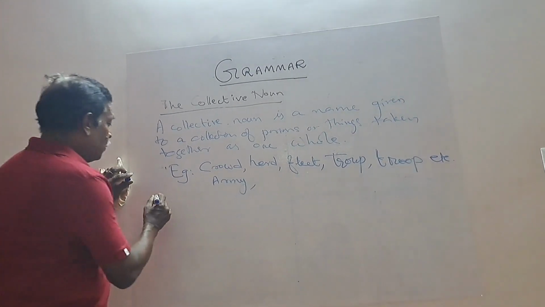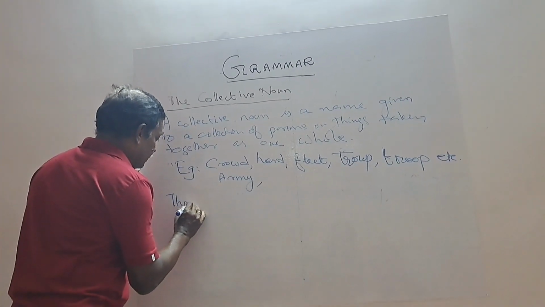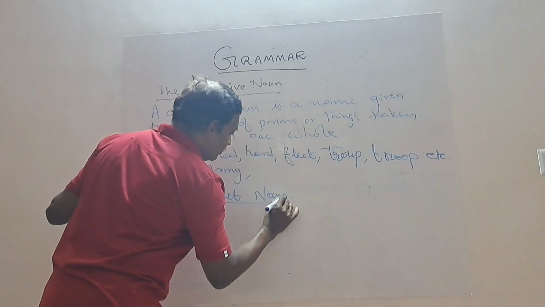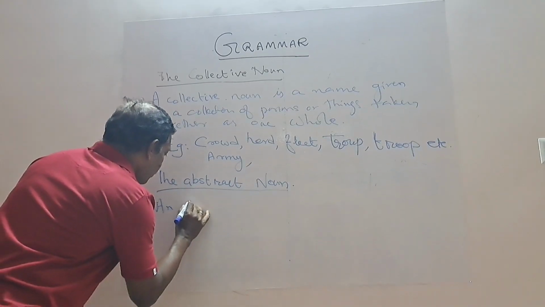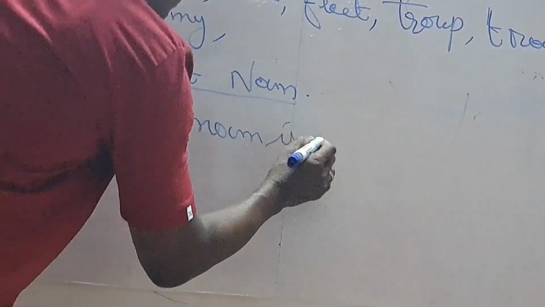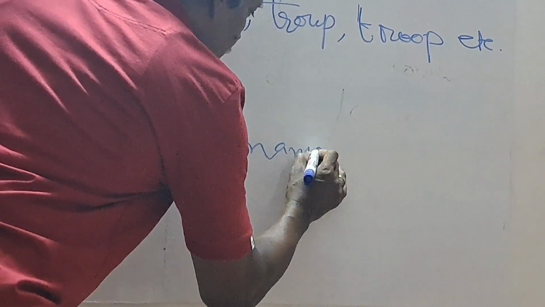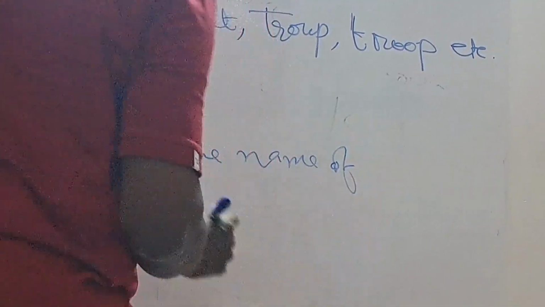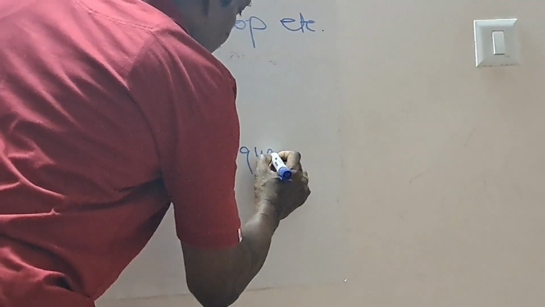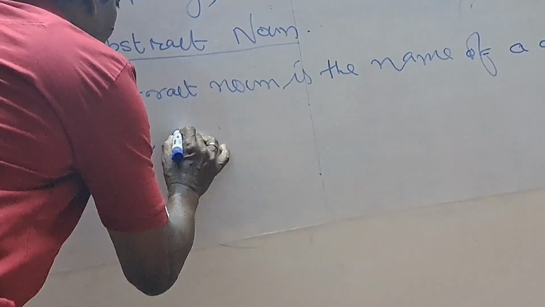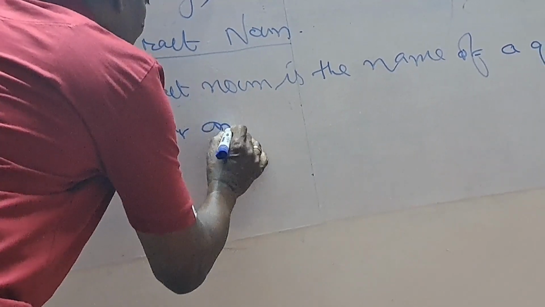And last one is the abstract noun. An abstract noun is the name of a quality, state or an action.